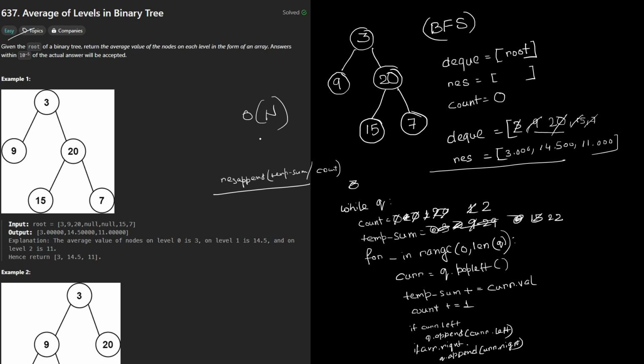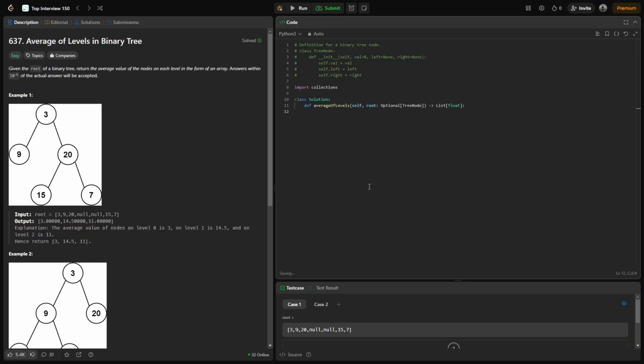Now let us jump to the Python solution. Once that is added, we are going to check for all our trees that if the root is not empty. In case the root is null, we are just going to return an empty list.